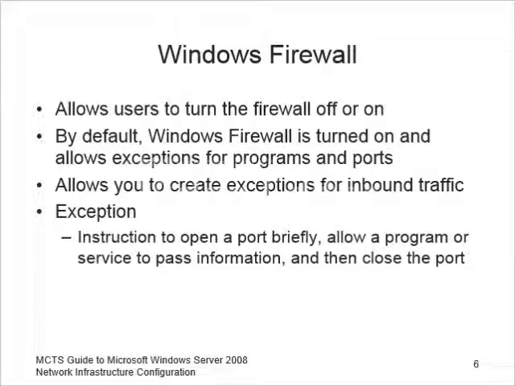From the Exceptions tab in the Windows Firewall settings, you can create exceptions that will allow inbound traffic sent to specific services, executable files, or TCP or UDP port numbers. There are a number of pre-configured exceptions in the Windows Server 2008 Windows Firewall. These include BITS peer caching, which allows Background Intelligent Transfer Service clients in the same subnet to share files in their BITS cache. COM+ network access, which allows the remote activation of COM+ components.